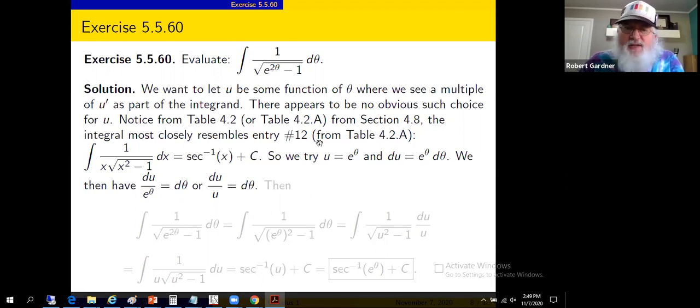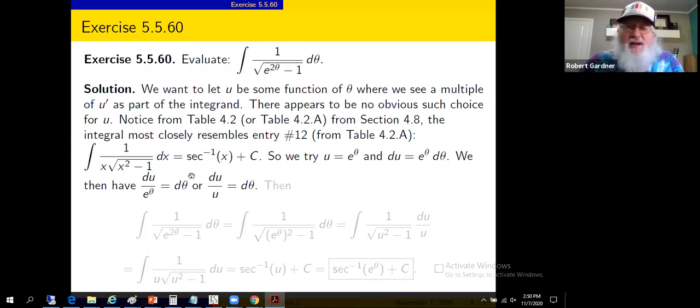I've set constants equal to 1 in that one. It's a simplified version of table 4.2. The entry number 12 in the simplified version is exactly this. This is the only one that has a 1 over square root of stuff squared minus 1. So if any of them look like this, it's this one. And it was related to secant inverse. All right.